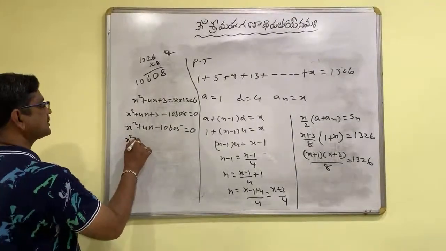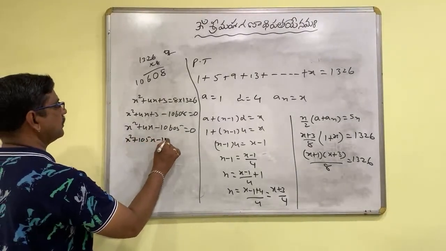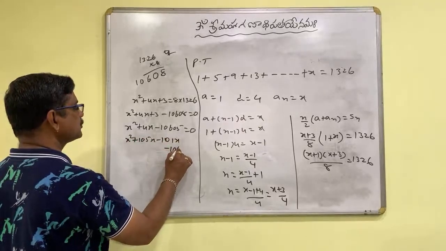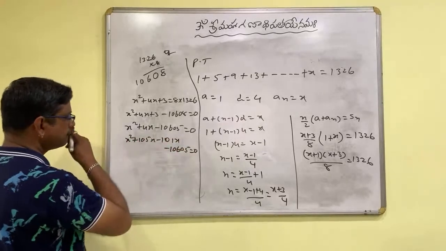So x square plus 105x minus 101x minus 10605 is equal to 0.